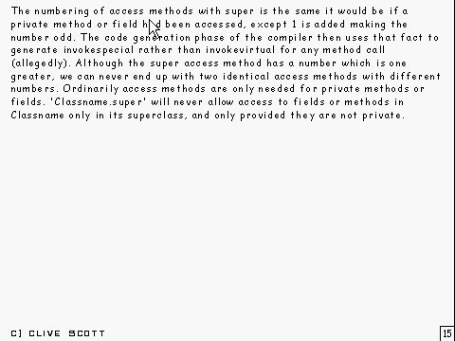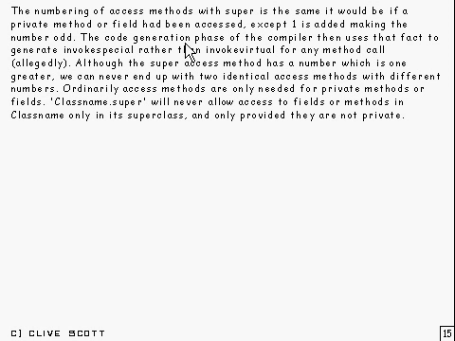The numbering of access methods which arise as a result of super is the same as it would be if it had been an ordinary access method that was accessing some private field or a private method, except that 1 is added, making the number odd rather than even.